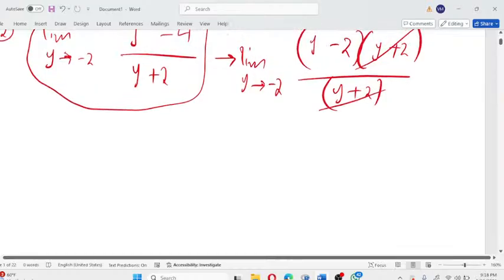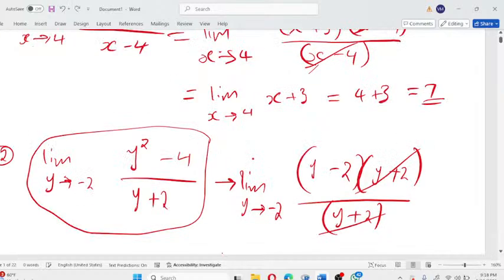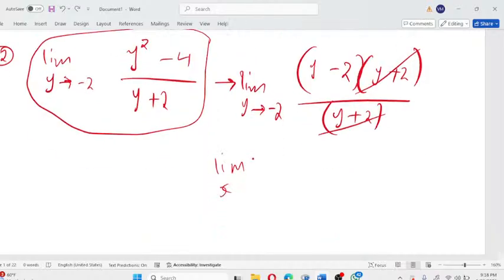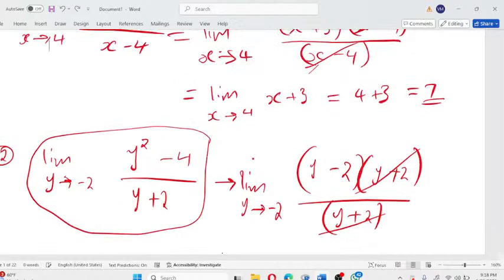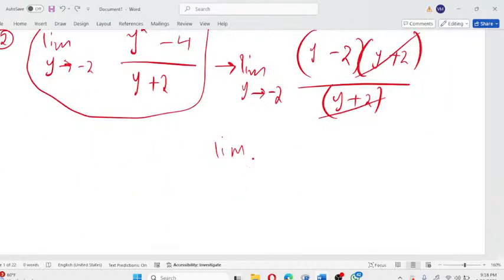So our answer is going to be the limit as x, when y, I'm used to x. I don't know why always x. When y approaches negative 2 of y minus 2. So here we can do direct substitution.